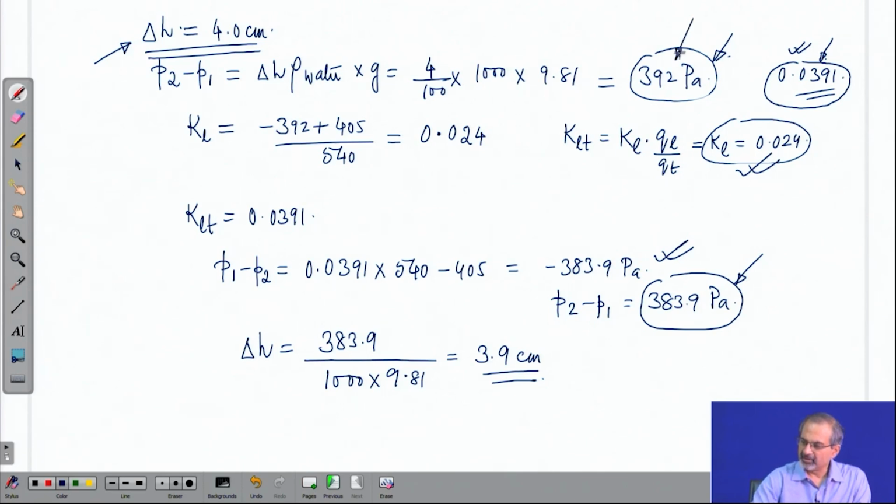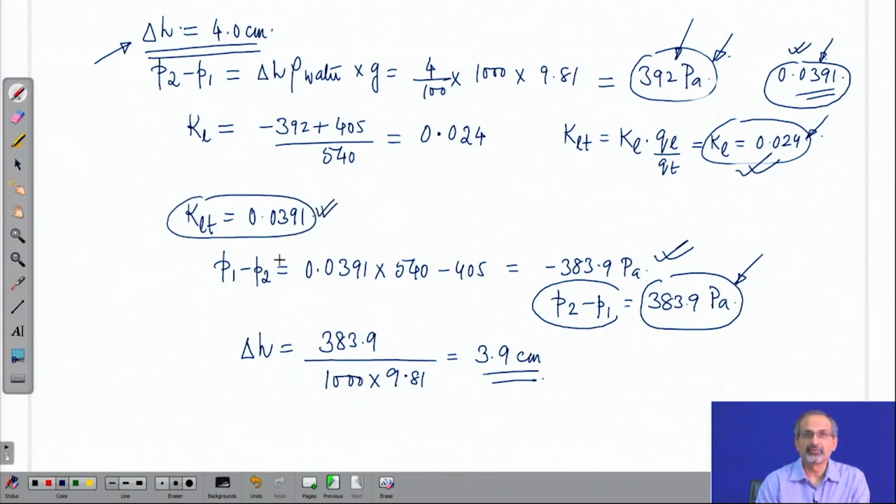Where the pressure is higher, you get a KL of 0.024. Where the pressure is lower, you get a KL which is 0.0391. That means, as the loss coefficient is increasing, the pressure difference between the two sections is reducing. There is a lower gap between the static pressures.